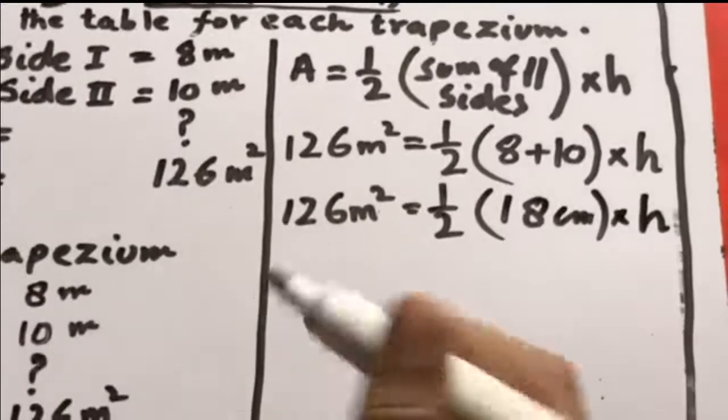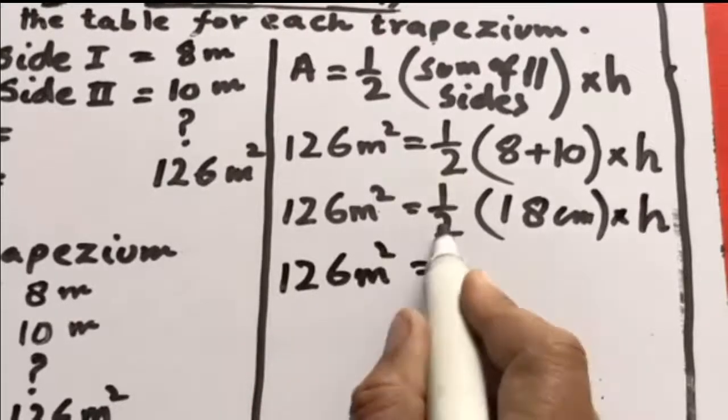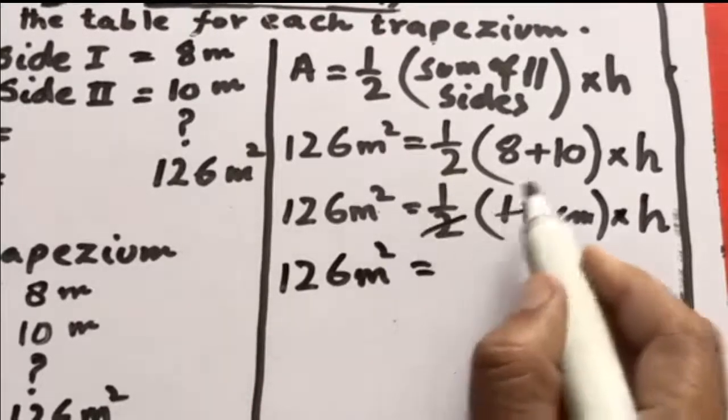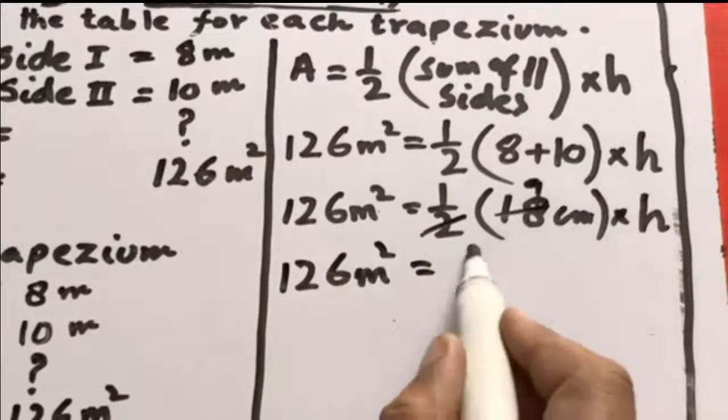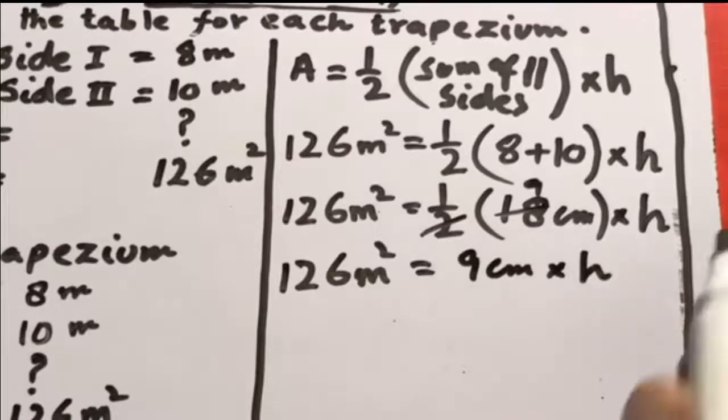Now in the next step, if we simplify, 2 will cancel out 18, 2 nines are 18, so we will have 9 meter multiplied by height.